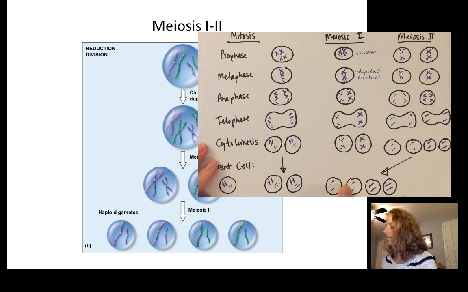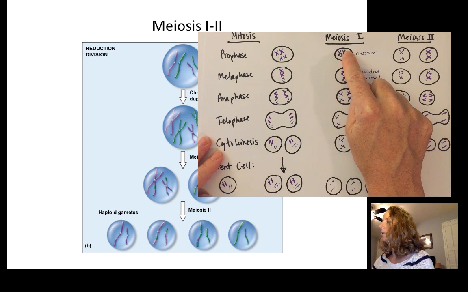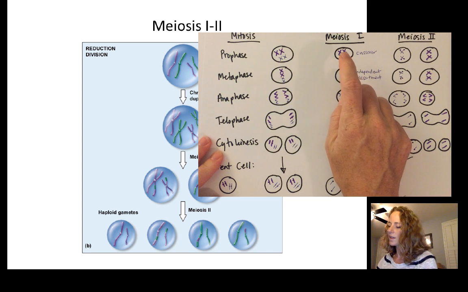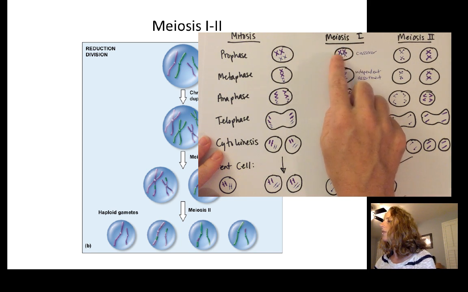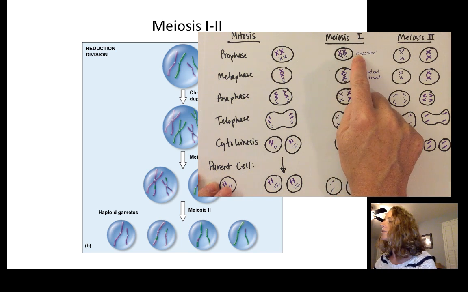Meiosis 1 is very similar, except that there are 2 very important differences. So you'll start with a diploid body cell. That will replicate, and then the chromosomes will condense and split. But I want you to notice 2 things about meiosis 1. First, in prophase 1, you have crossover.